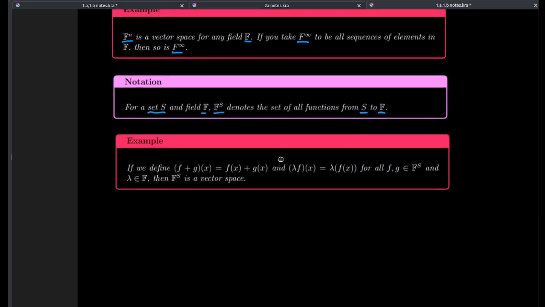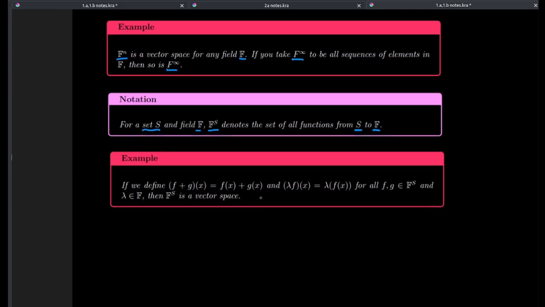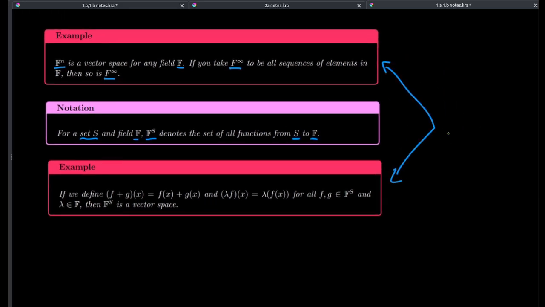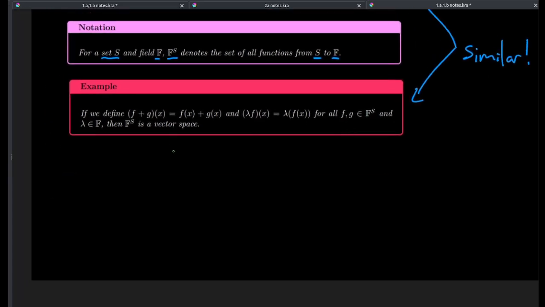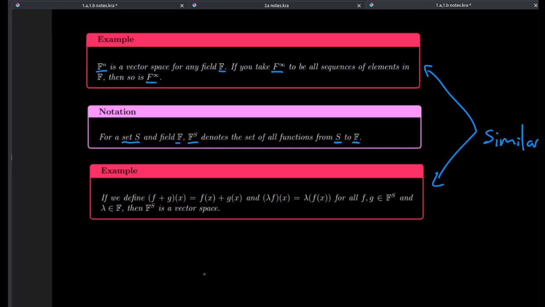Incredible. All right, here's a kind of nice thing to think about. So this example, I claim, and this example are kind of the same. Maybe not 100% the same, but similar at least. That is, this later example is basically a more general version of this first one.